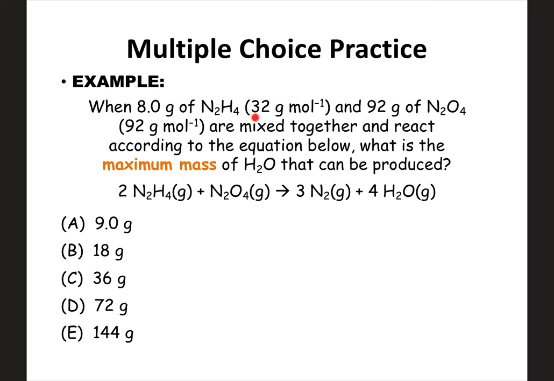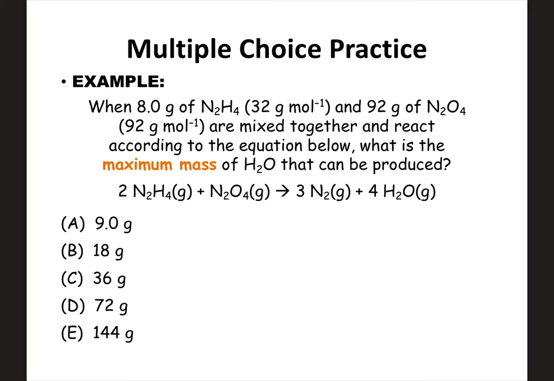Sometimes they'll give you the molar masses, and sometimes you'll have to calculate them. In problems where you can't use a calculator, I would round the numbers on the periodic table and get a nice rounded molar mass. That makes total sense here. You are allowed to round a little bit to see which answers make sense.